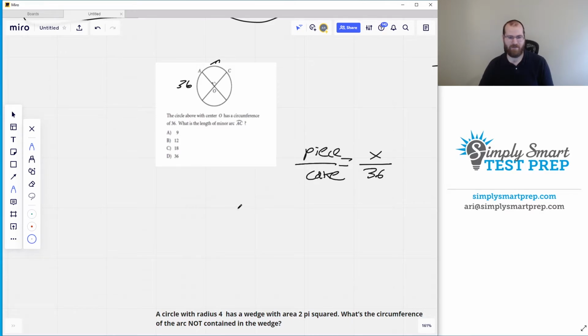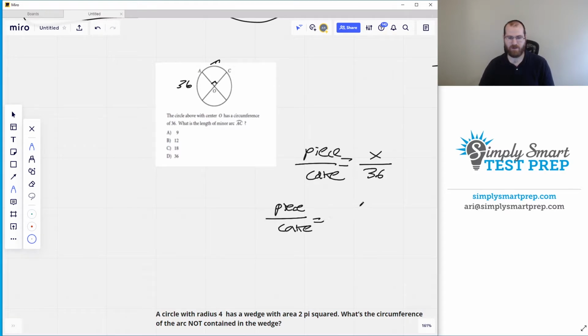Either you figure it out from area, if the area of the wedge compared to the area of the circle is given, or you figure it out from degrees or radians, if the angle of the wedge is given compared to the angle of the rest of the circle. In this case, luckily, the angle of this wedge is given as 90. So I could do a piece of cake for that.